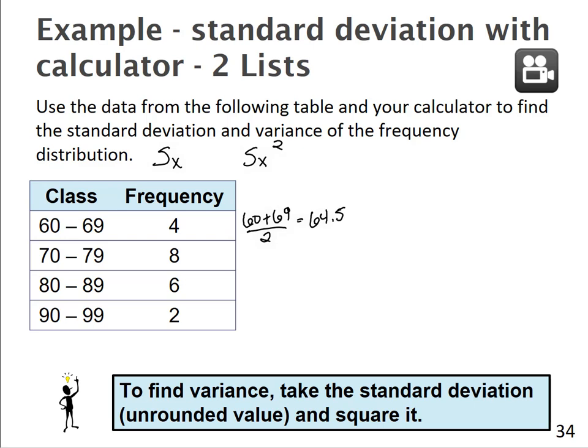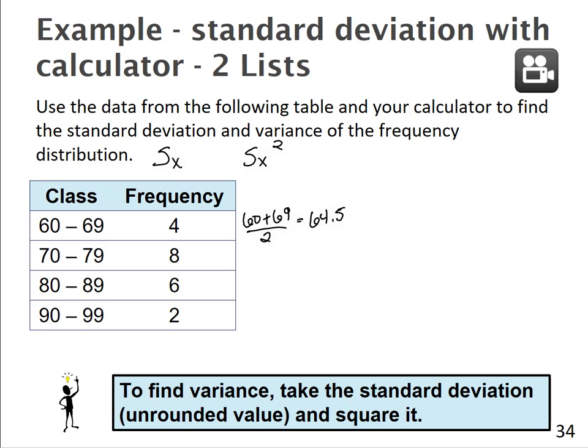Now I can keep doing this for each class, or remember we had a trick where we can just add the class width to our first class midpoint to find the other class midpoints. Well, the lower limit of my first class is 60, and the lower limit of the second class is 70.